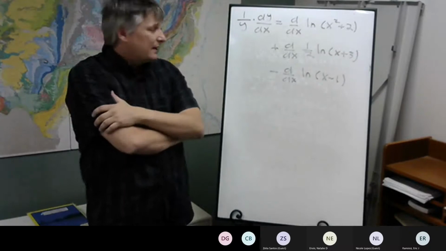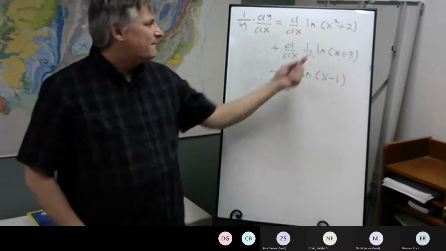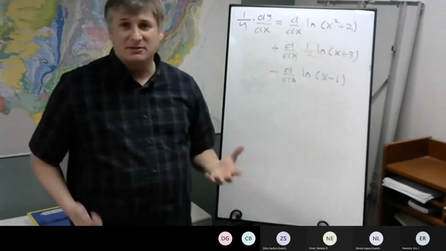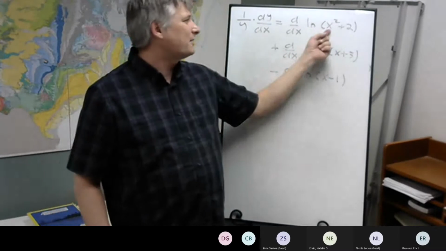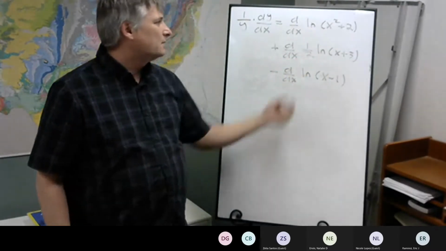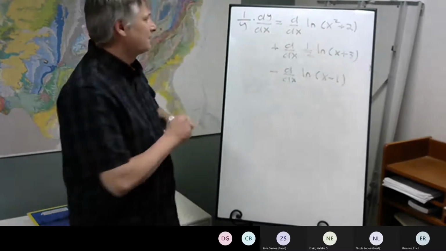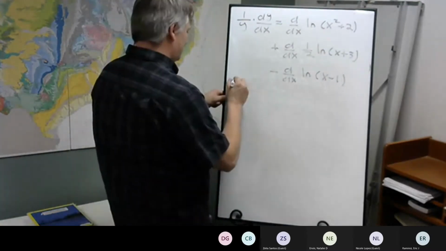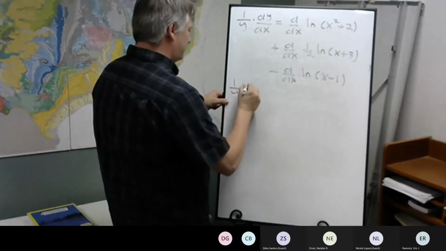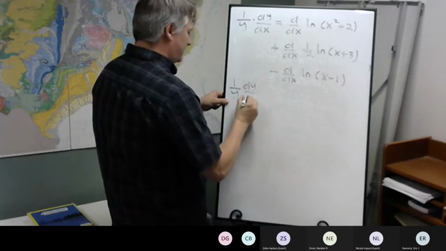So that being the case, we have functions inside this natural log function. So this is going to act like a u. So we're going to get 1 over u times du dx. So we get 1 over y dy dx.